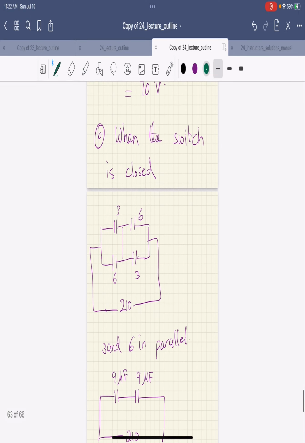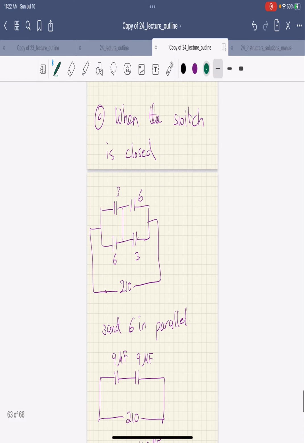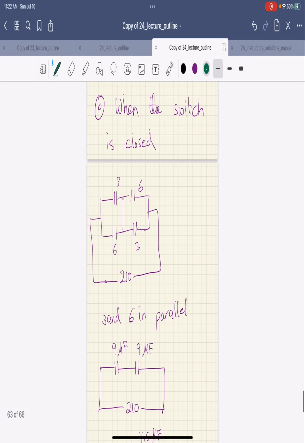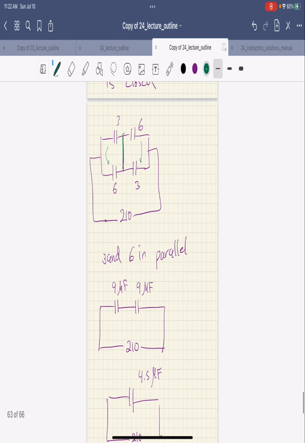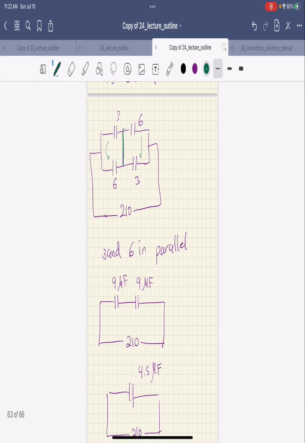Now, when the switch is closed, okay, we are going to have that wire here. Therefore, now the arrangement is different. I will say these 3 and 6 are in parallel, and these are really also in parallel. Then you're going to add, that is going to be 9 microfarads. And that is going to be 9 microfarads.